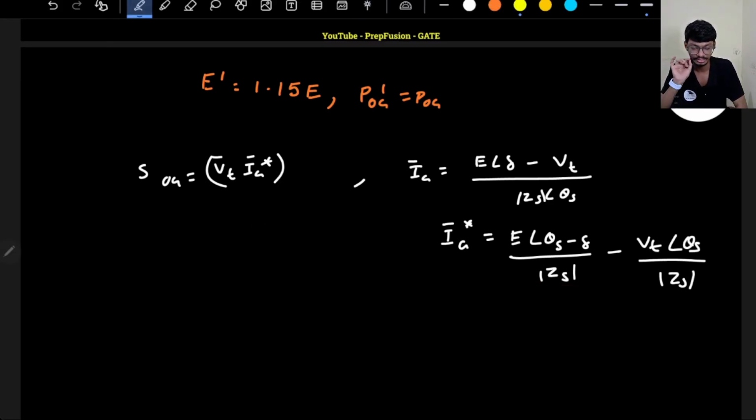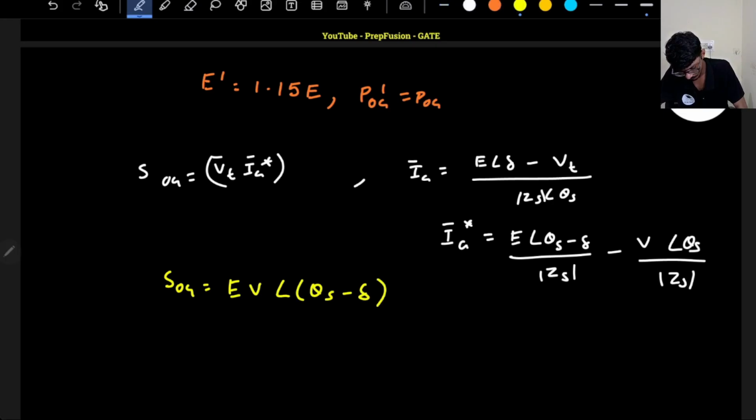I just want to explain how you can derive the formula in 10 seconds. So what will be my SOG? VT is only V angle 0, so this will be V angle theta S. So this will become E into V angle (theta S minus delta) divided by ZS, minus V square angle theta S divided by ZS.